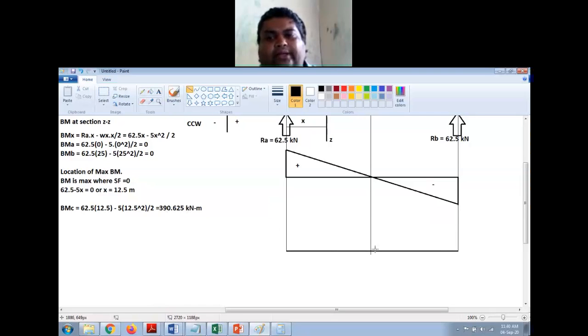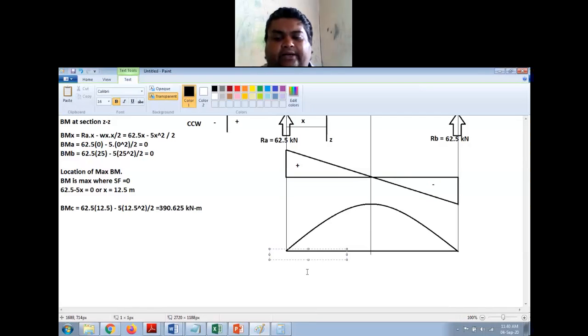And bending moment at center is maximum, that is 390.625 kilonewton meter. So you have to draw a parabolic curve, okay? So you can draw something like this. It need not be exactly a parabola, something like this.